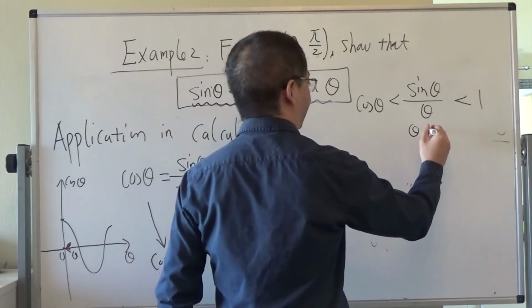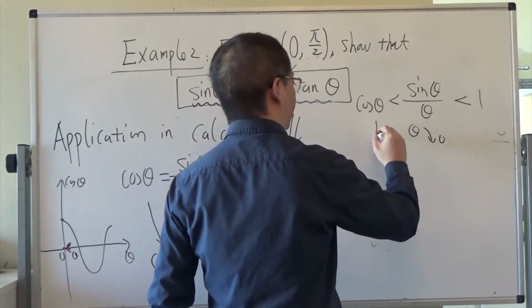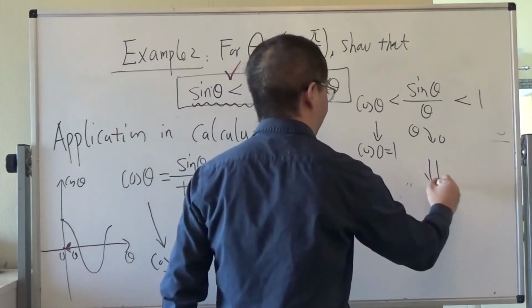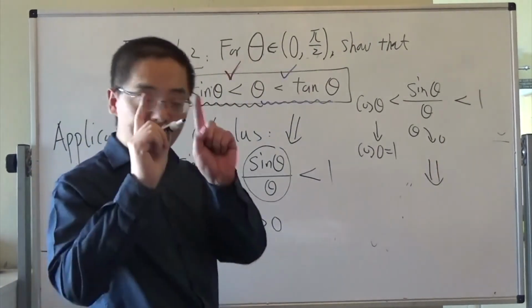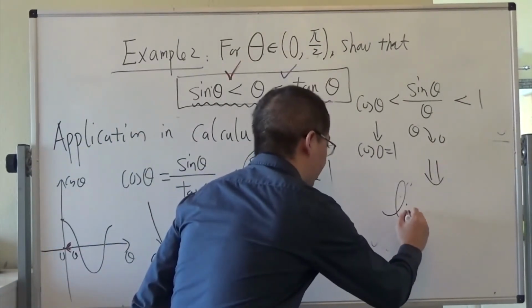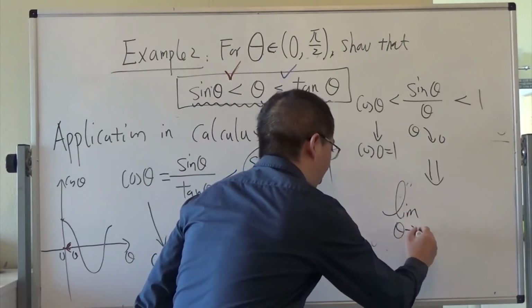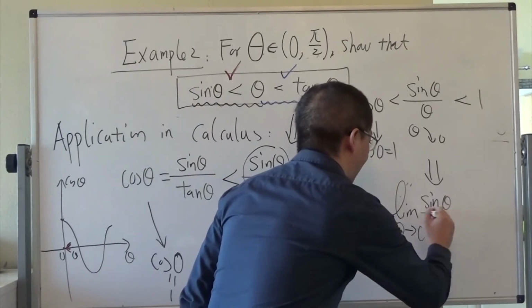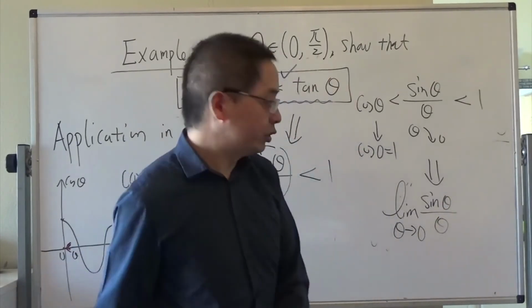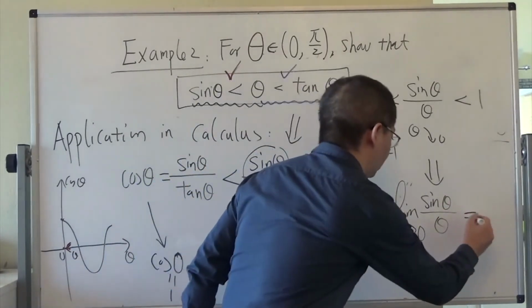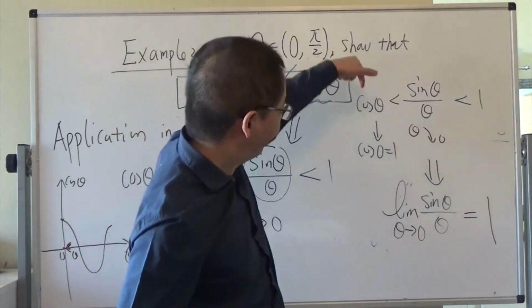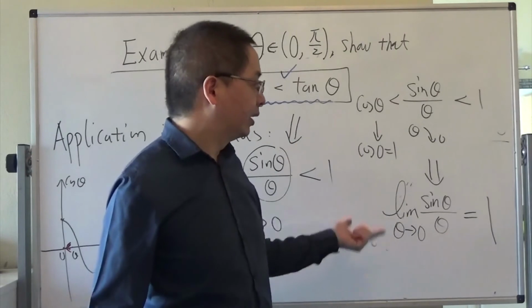And if I let theta go down to 0, cosine theta goes to cosine 0, which is 1. This tells us the limit. This is the notation of limit: when theta approaches 0, how does sine theta over theta change? It just goes to 1. The right hand side is 1 and the left hand side goes to 1, so we get this limit.